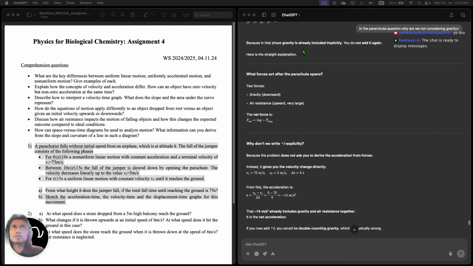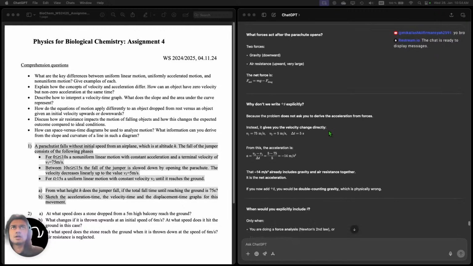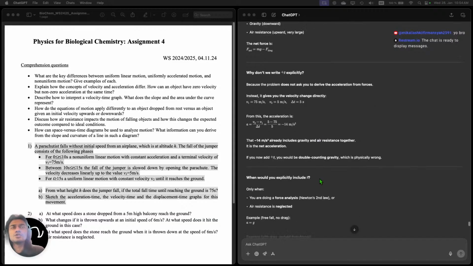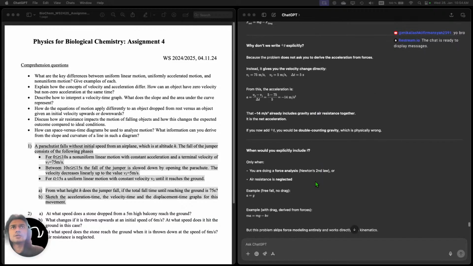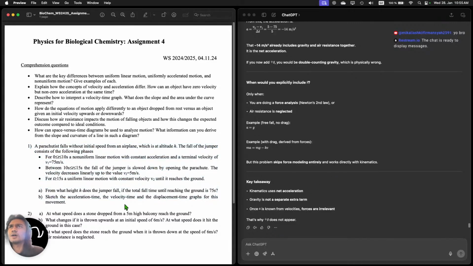Because in this phase, gravity is already included implicitly. You do not add it again. Where did you calculate gravity? When would you explicitly include g? Only when you're doing a force analysis. This works directly with kinematics.